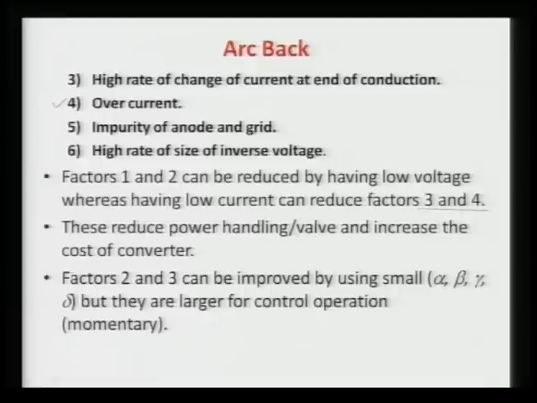Having low current can reduce factors 3 and 4, but this will also reduce the power handling capability, and that will increase the converter cost. Factors 2 and 3 can be improved by using small alpha, beta, gamma and delta, but again the control operation can be done momentarily, sometimes, but not always.